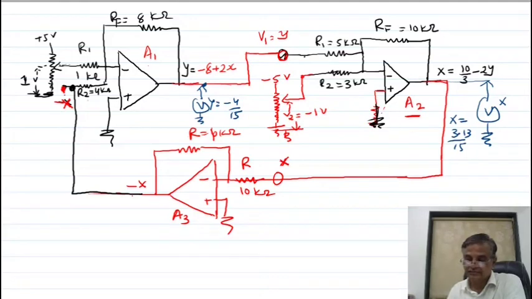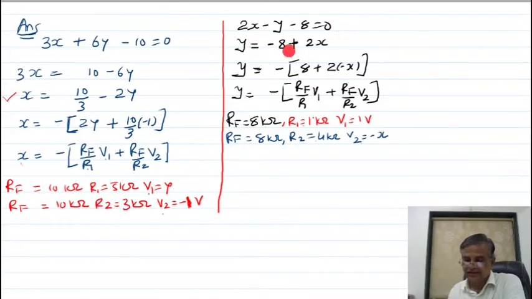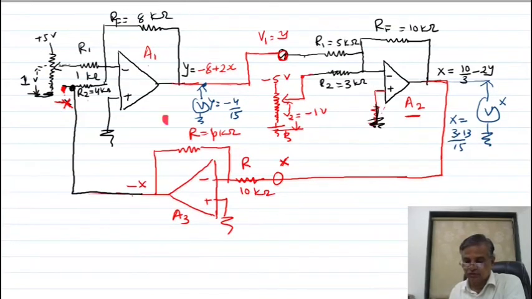Then solve this. Here I made a mistake, don't make the mistake. So y is taken on this side, so minus, and then you have to solve this equation. You take such values and you will get the same equation, and for this you have drawn this circuit. Now see, here requires y, here requires minus x. So the output of this circuit which is giving y, you connect here.